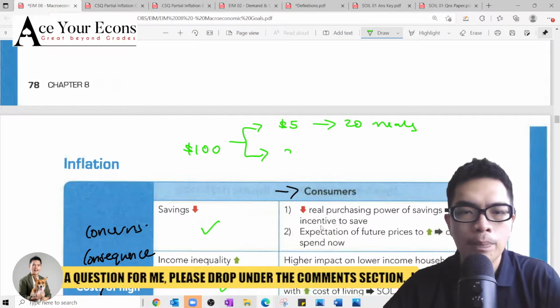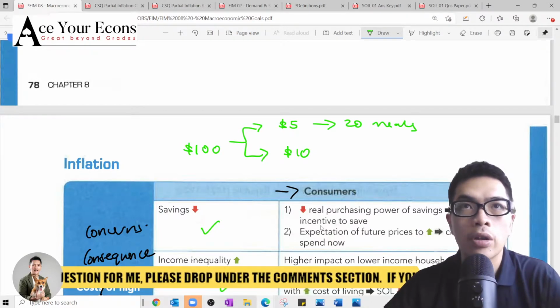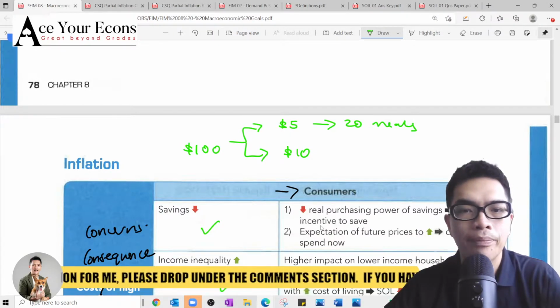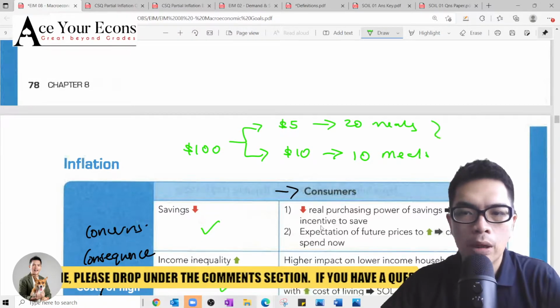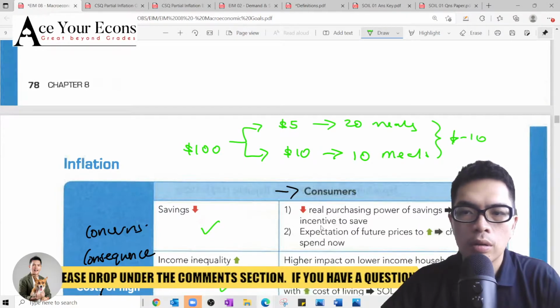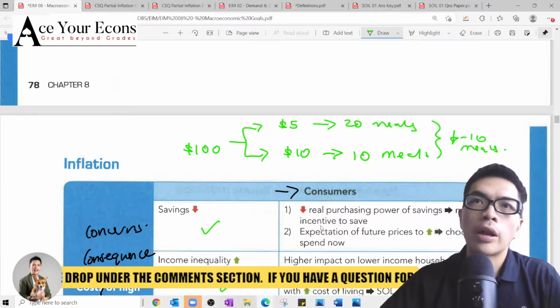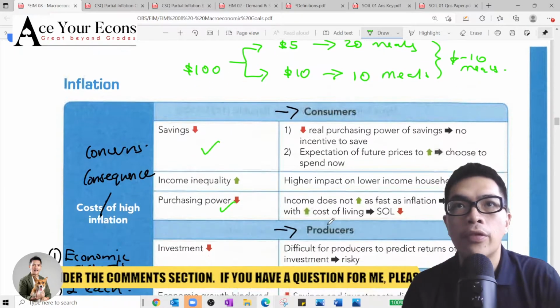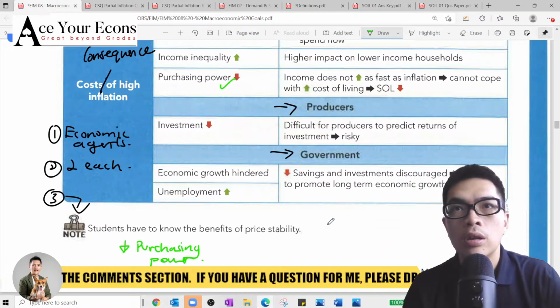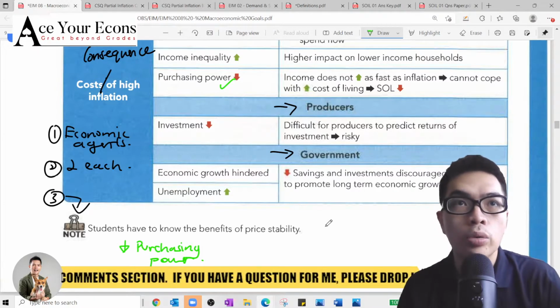Inflation comes into the picture when your fast food prices, or your general price level, goes up, and this erodes your purchasing power. Do you see that? There's no change in your income, but on a real basis, you're going to afford fewer goods and services. So inflation erodes your purchasing power.